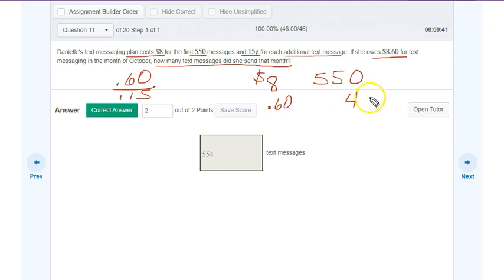So the total number of messages would be 554. And we didn't use algebra particularly for this. You probably could fit it in there somewhere, but check it out. Now, what some students did is they would put 4 messages, but that's not what they're asking here. They're saying how many messages were sent that month. So you have to answer that. When I saw they had 4, I was able to give them partial credit.